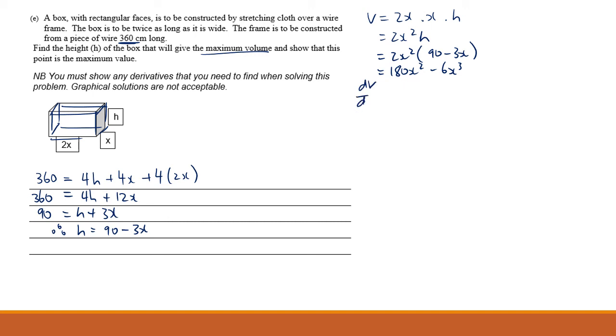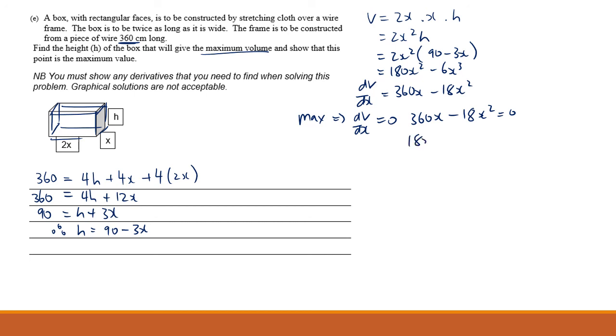So dV by dx, remember maximum, is going to be 360x minus 18x squared. Now my maximum implies that dV by dx equals 0. So where does 360x minus 18x squared equal 0? Solve that.